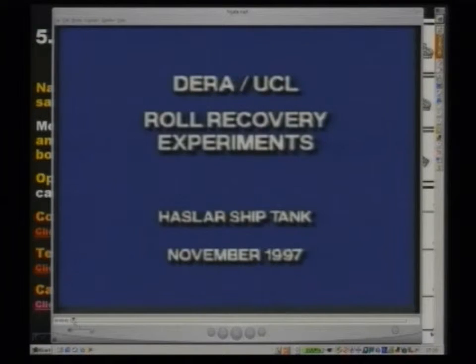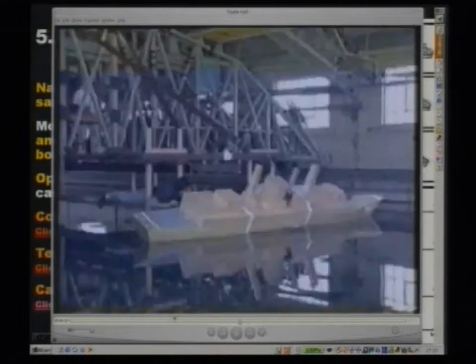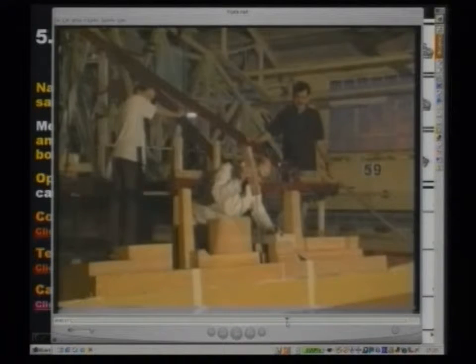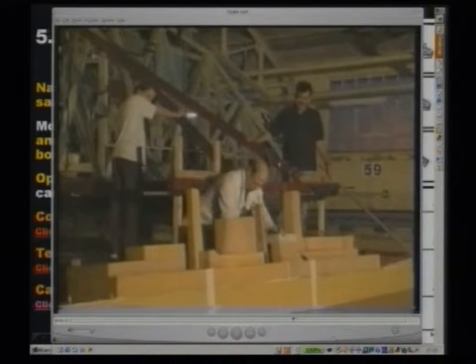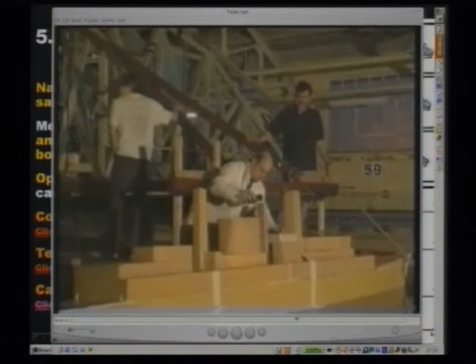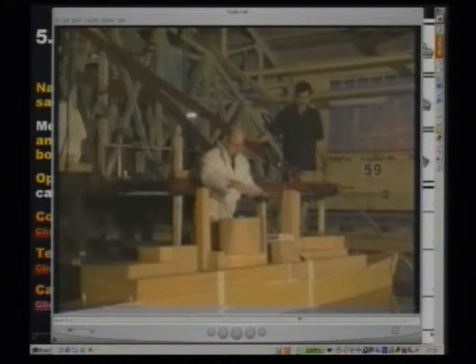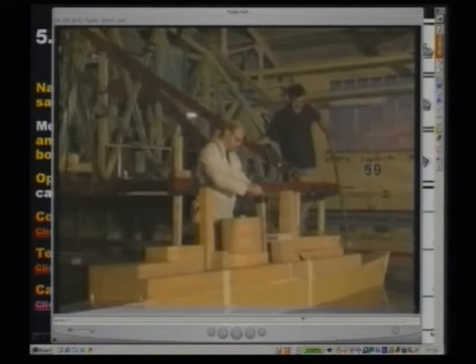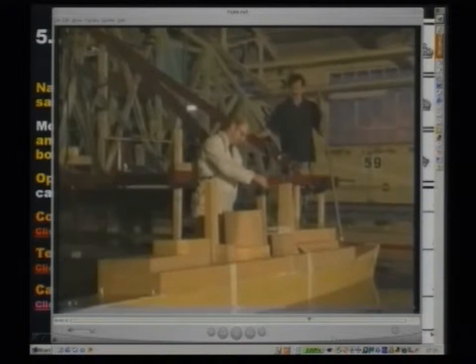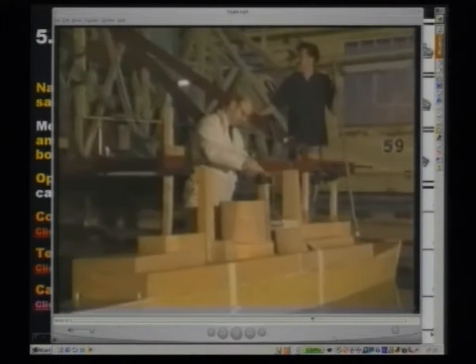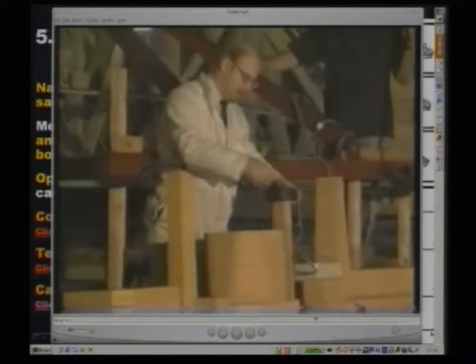I want to fast forward actually to about here. Okay, so there's a big boy's boat. I'm just putting some weights on to correctly represent a real frigate, and it's in this very long wave tank that they have down there, and paddles at one end send waves down the testing waves.